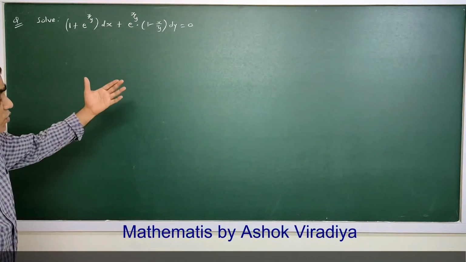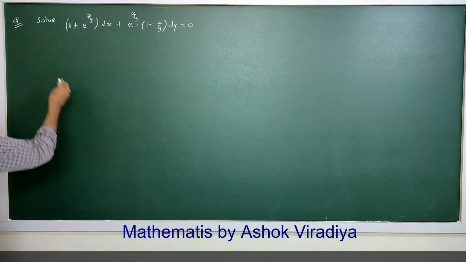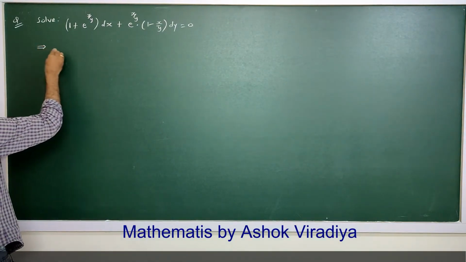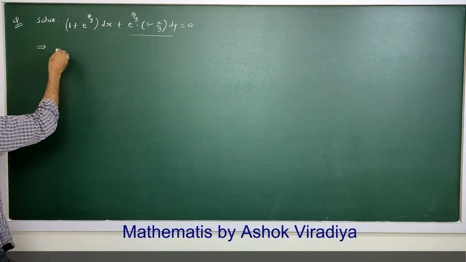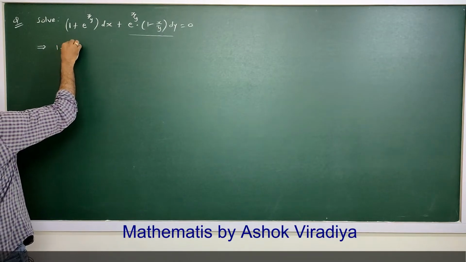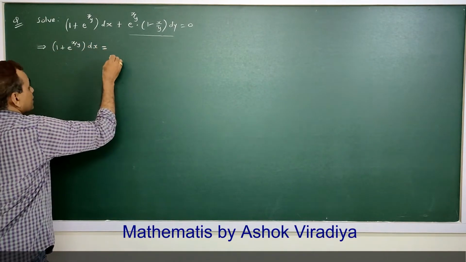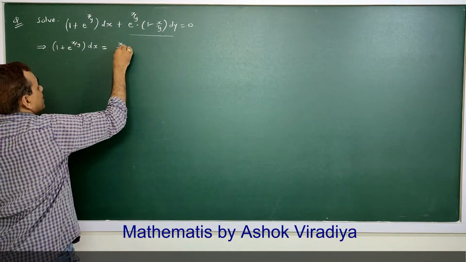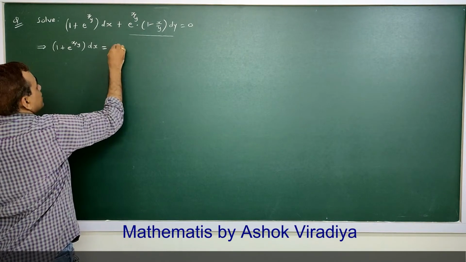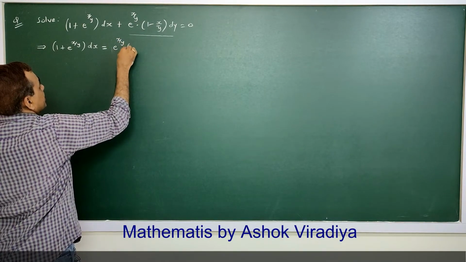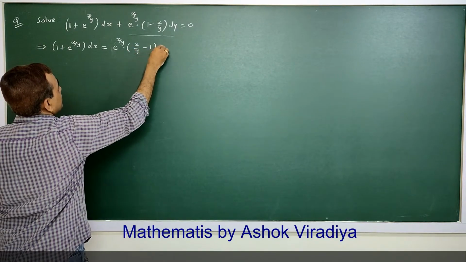So from this equation we are getting value of dx by dy. To get value of dx by dy, first of all this number I am shifting on other side. So 1 plus e raised to x by y dx equal to x by y minus 1 e raised to x by y into x by y minus 1 dy.